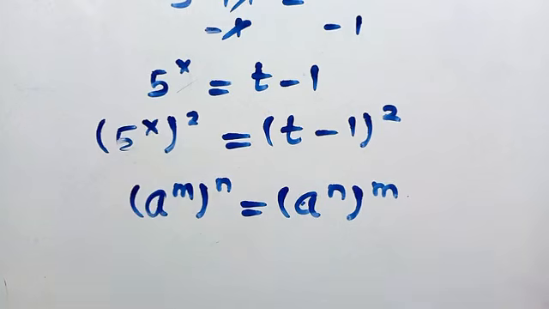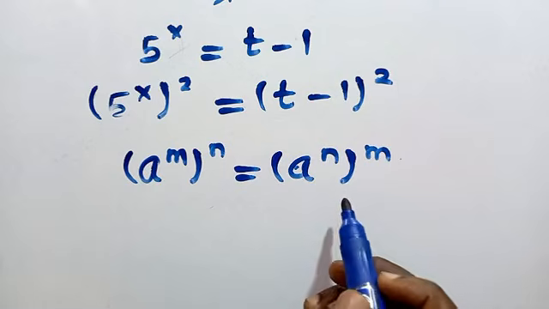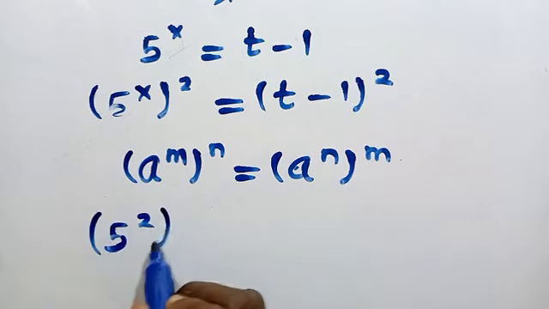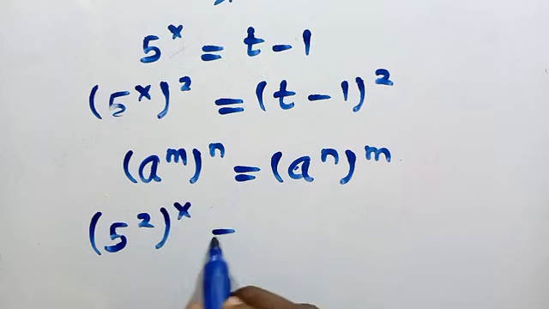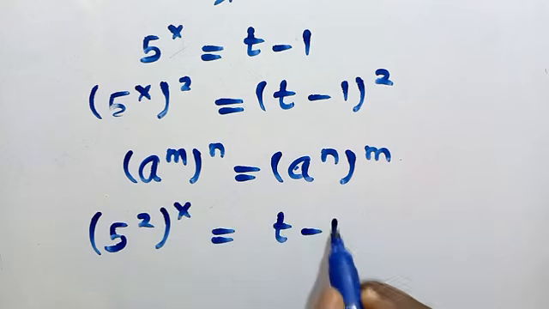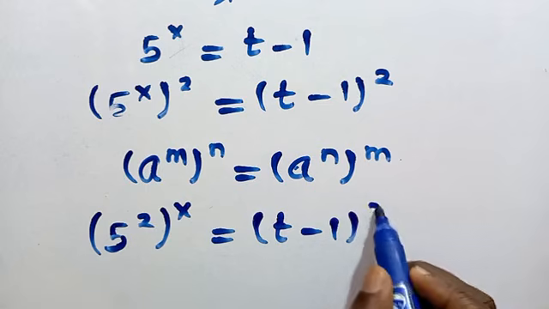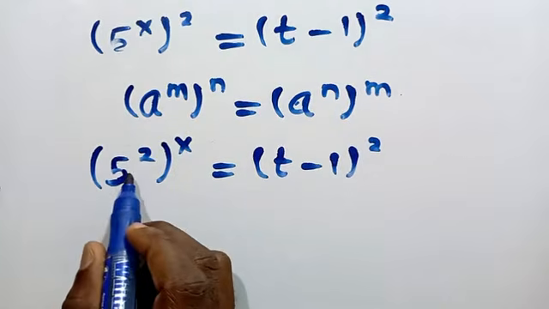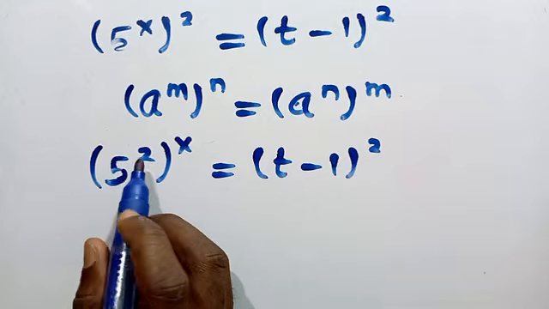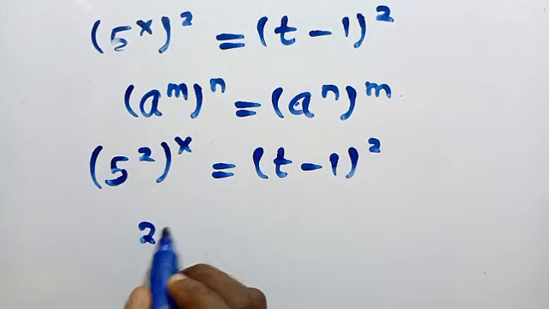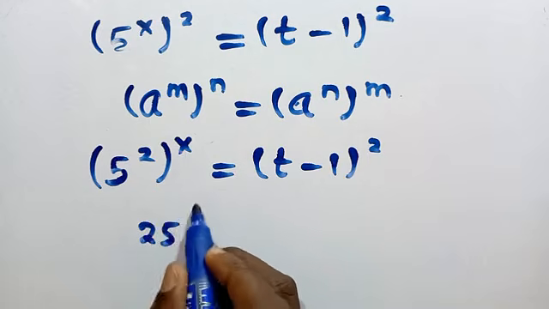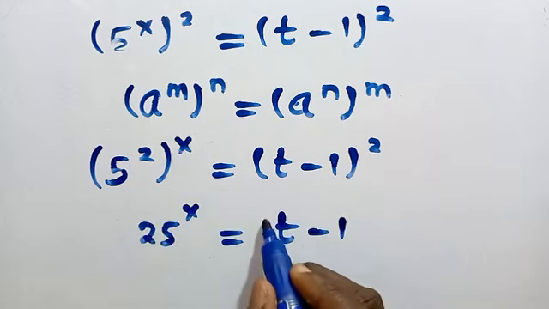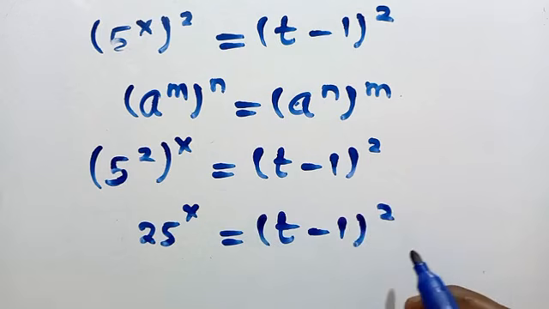So we interchange following this rule: 5 power of 2 raised to power of x equals t minus 1 raised to power of 2. And 5 power of 2 means 5 times 5, which gives us 25. Then 25 raised to power x equals t minus 1 raised to power of 2.